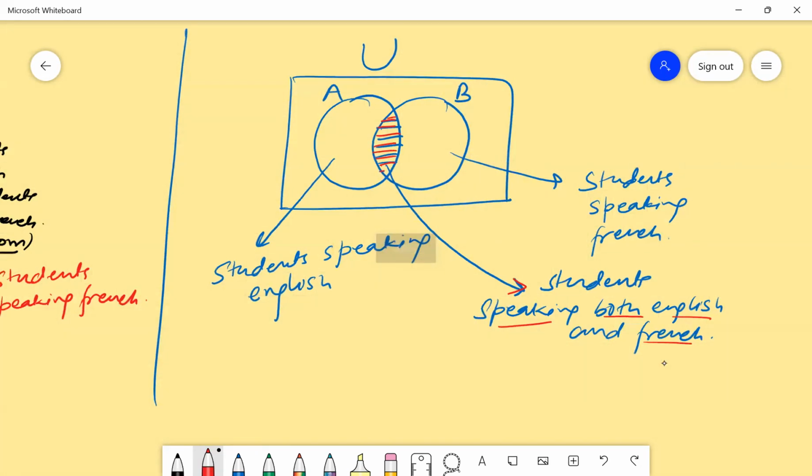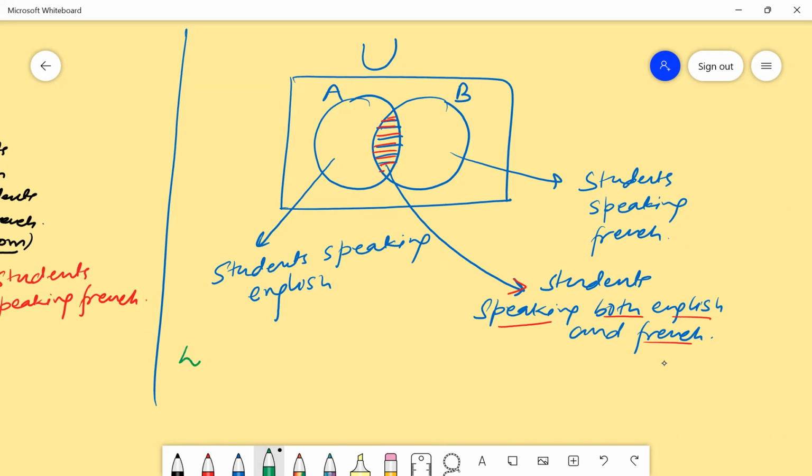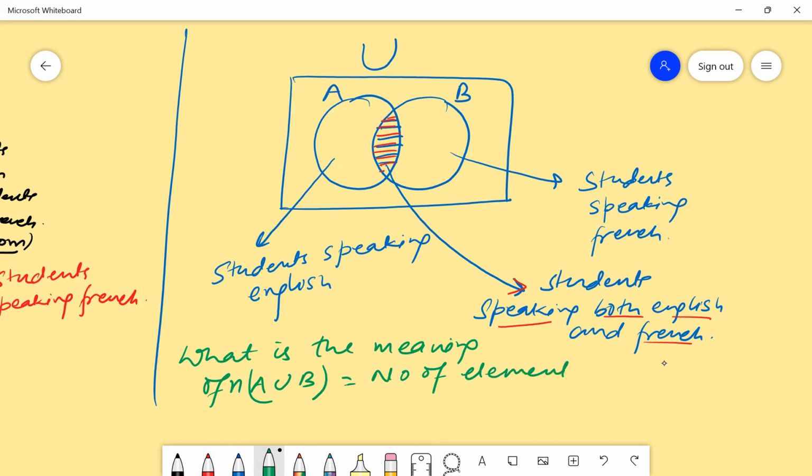Now, what is the meaning of A union B? This is number of elements belonging to either A or B or both.